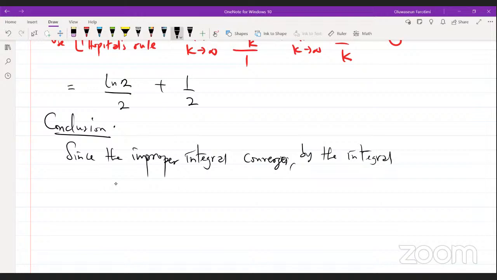Remember how an improper integral converges. So we're just saying now, by the integral test. Maybe I should put that there so that nobody gets confused. So now, by the integral test, just to ensure clarity.